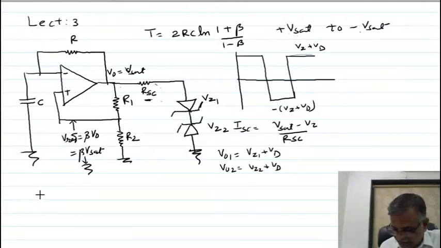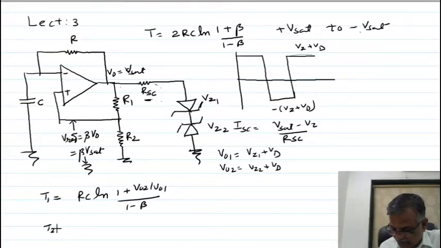At that time, the periodic time of the positive half cycle can be given by this equation, and for the negative half cycle, it is given by this equation.